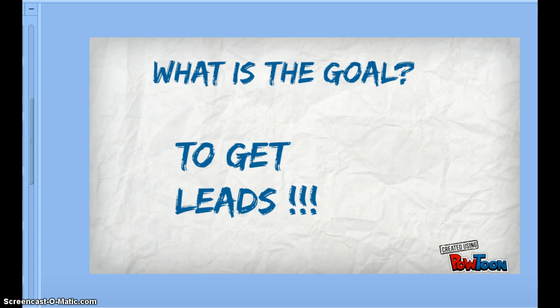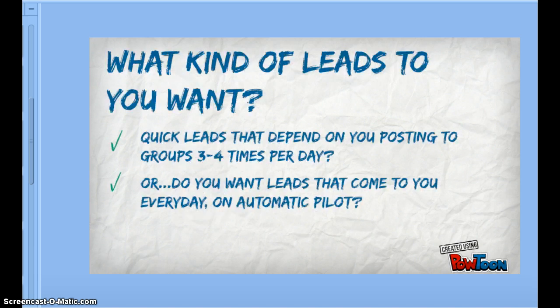So when you post, there's a couple different things that can happen, and you have to figure out, what kind of leads do I want? What is my purpose for posting to these groups? There's people that I swear must just live at their computer, because every time I turn on Facebook, I get a notification that so-and-so is posting to this group.